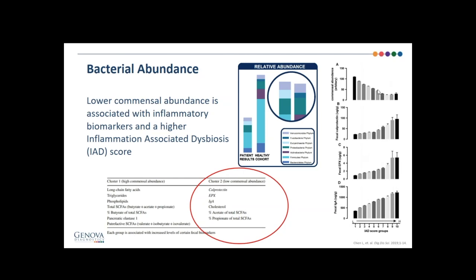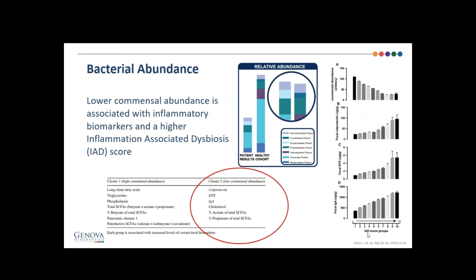Over on the right, I really like this chart because it illustrates nicely that as the inflammation-associated dysbiosis score groups increased from left to right, so we're at the x-axis here at the bottom of the screen, so lower inflammation to higher inflammation, you could see that the fecal EPX, which is eosinophil protein X, calprotectin here, and secretory IgA all increased as the inflammation-associated dysbiosis score increased.